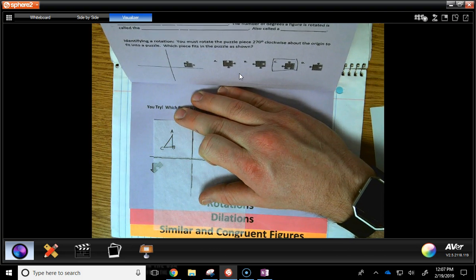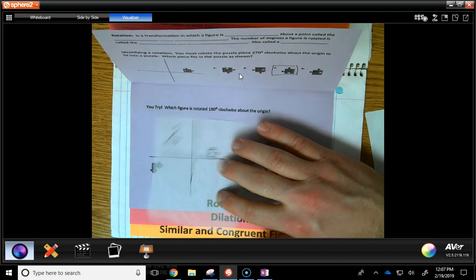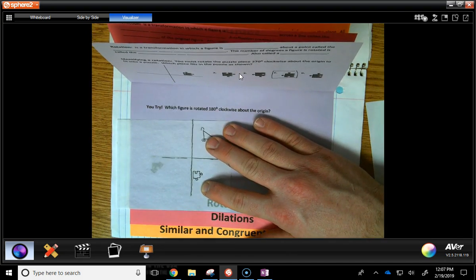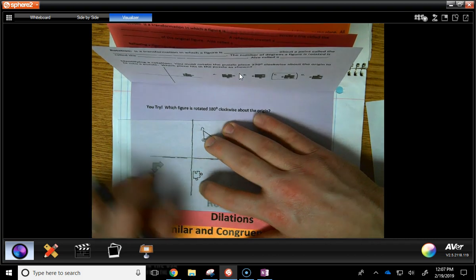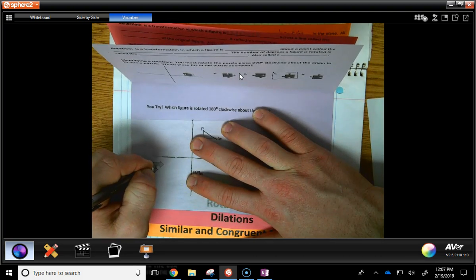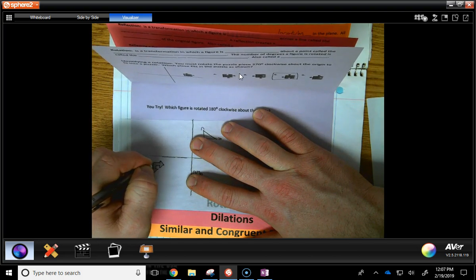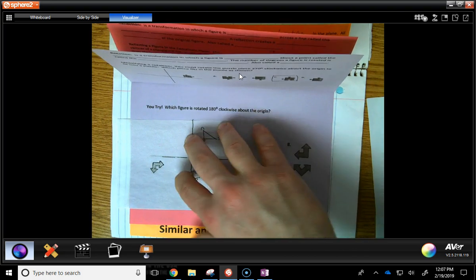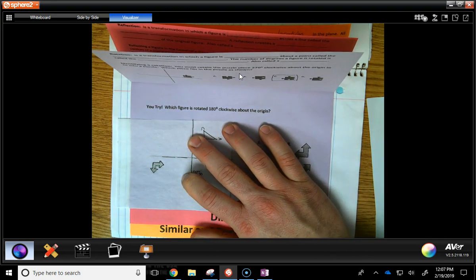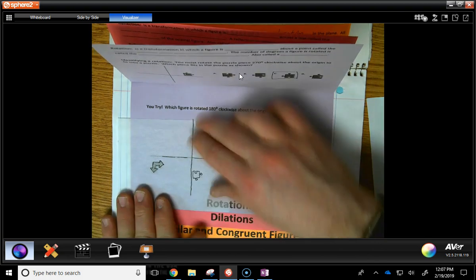This is how you should use your transparency paper. I'll turn it this way so I have more room. I line up my X and Y axis on here, and I copy the picture over. Now, if we're turning 180 degrees clockwise, how many 90-degree turns is that? 2.